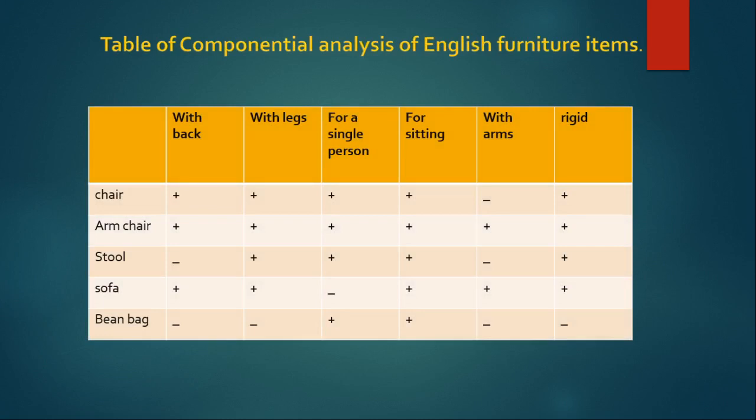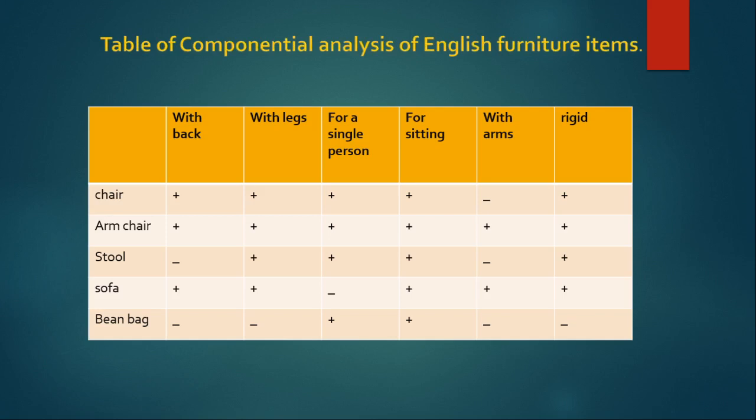We have different features: with back, with legs, for a single person, for sitting, with arms, and rigid. Now look at chair. It is plus with back, plus with legs, plus for a single person, plus for sitting, but it is minus with arms because it has no arms, and it is plus rigid. Then look at the armchair.